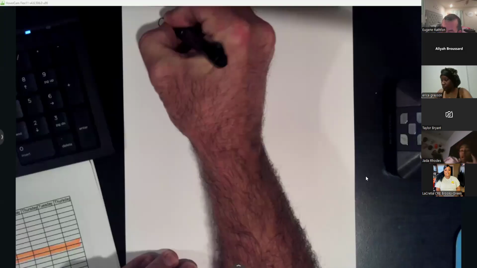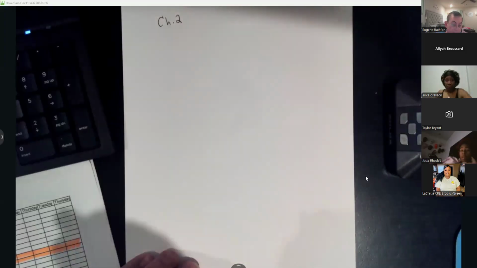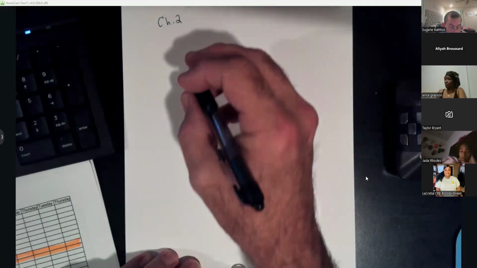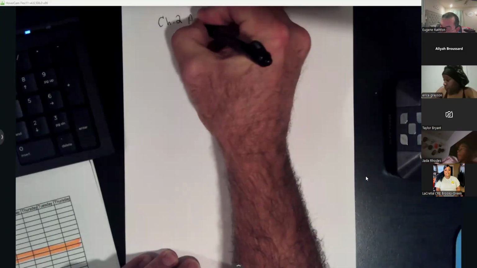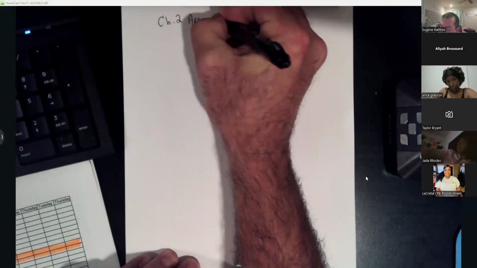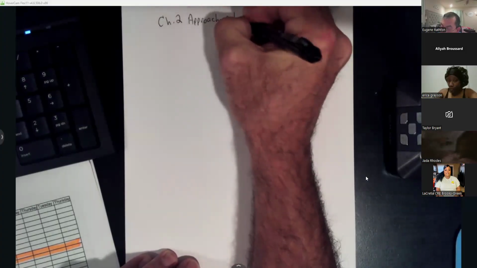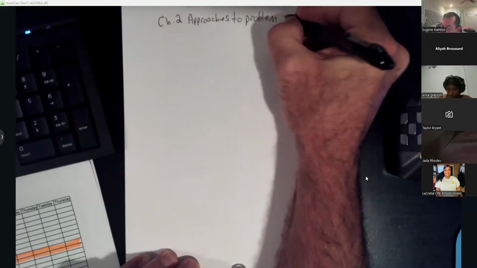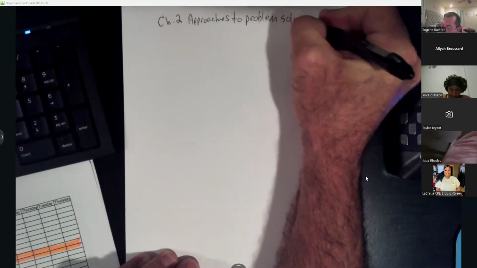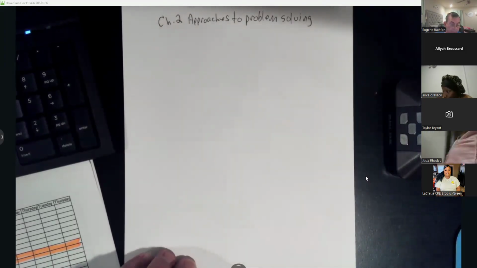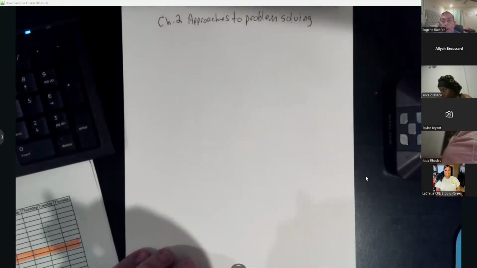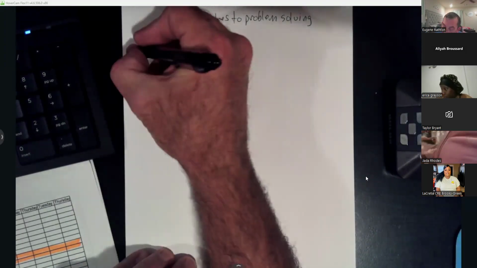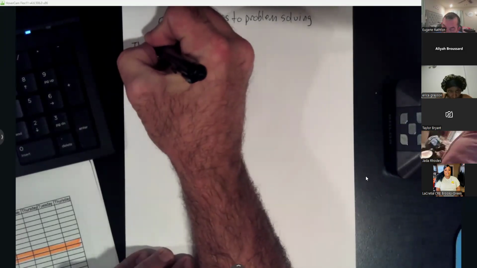All right, y'all. So chapter 2 is going to deal with approaches to problem solving. First we're going to look at what we call the three-step problem solving process.